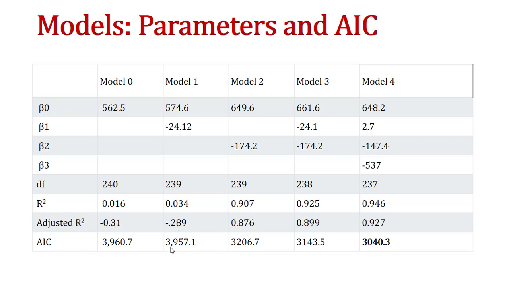But we are interested in using the AIC to compare models. Basically here model 4 is the best, and that indicates that there is an interaction. In previous videos I hinted at the possibility of an interaction, and we confirmed this in the analysis, because model 4, which contains the interaction between the two variables, is the best model because it has the lowest AIC.